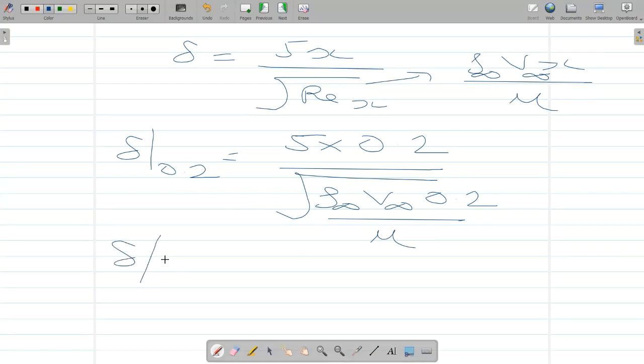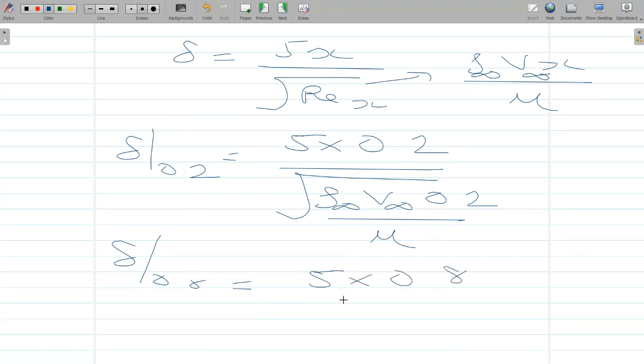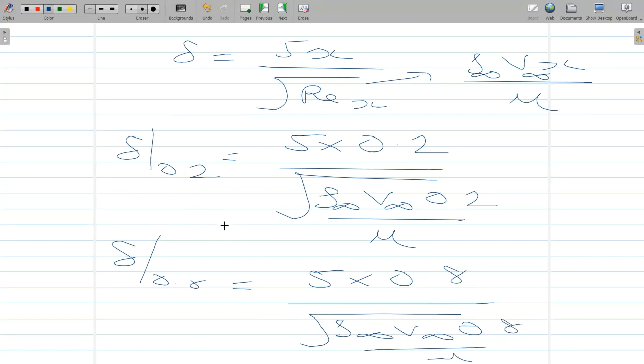And delta at a location of 0.8 is given by 5 into 0.8 divided by root of rho infinity v infinity 0.8 divided by mu. Let's take the ratio between both. If I take the ratio, I can cancel out 5, rho infinity, v infinity and mu.